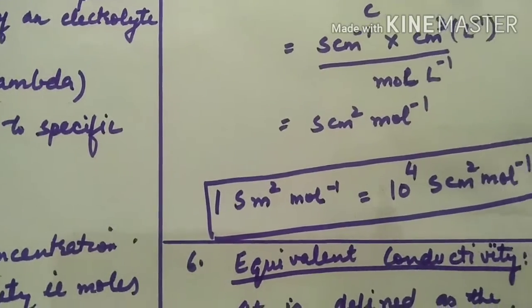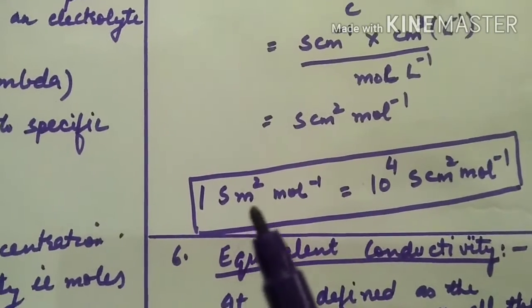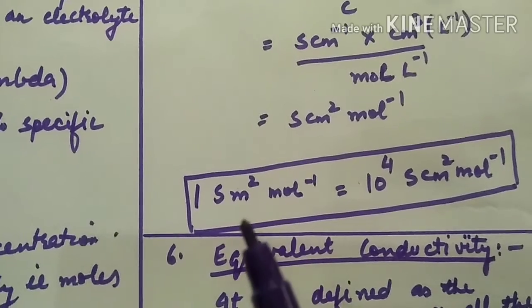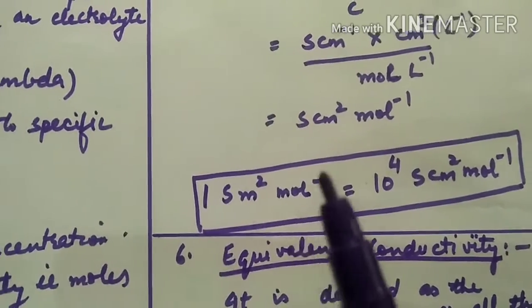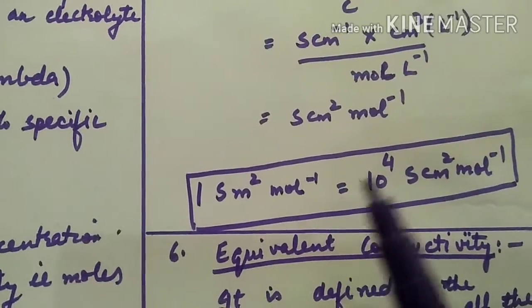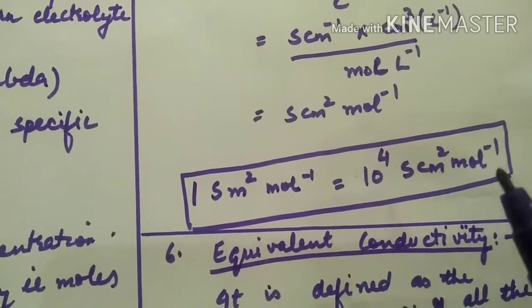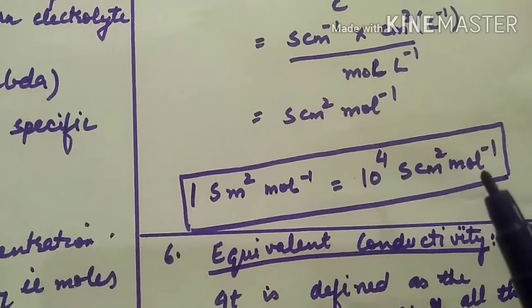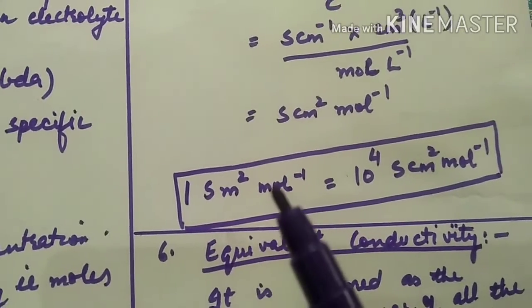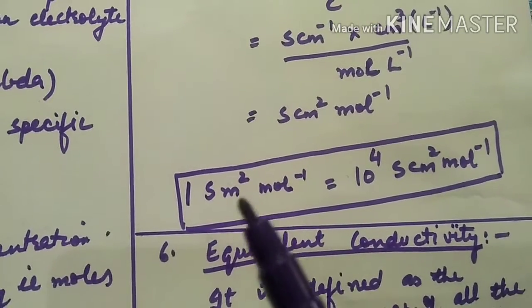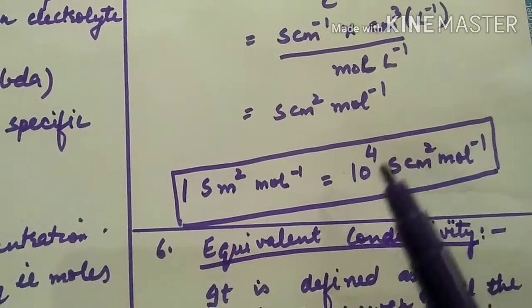And in SI units will be Siemens meter square mole inverse. 1 Siemens meter square mole inverse will be equal to 10 raised to power 4 Siemens centimeter square mole inverse. See, meter into meter. 1 meter is 100 centimeters, so 100 into 100, 10 raised to power 4.